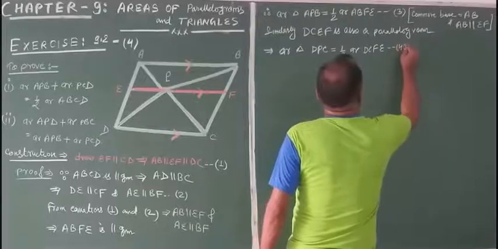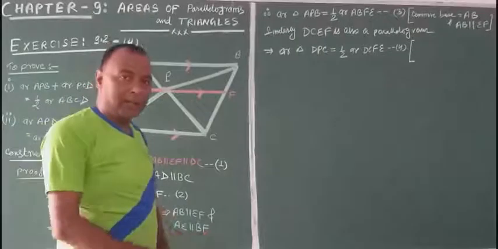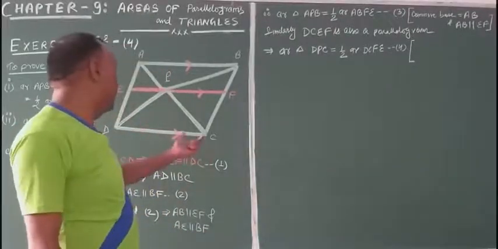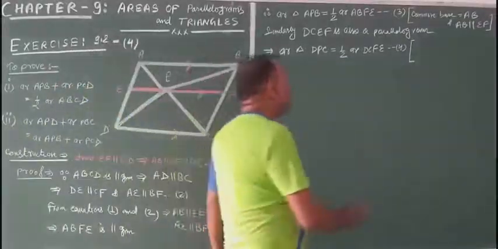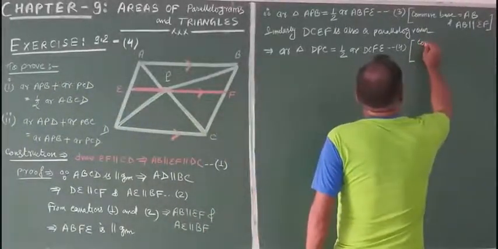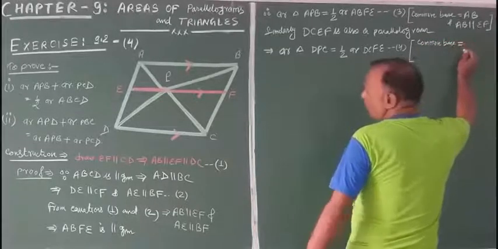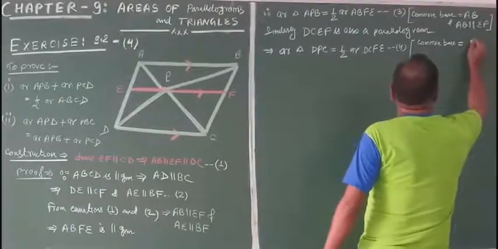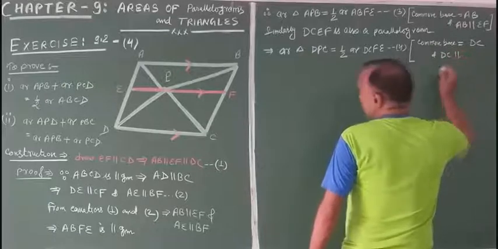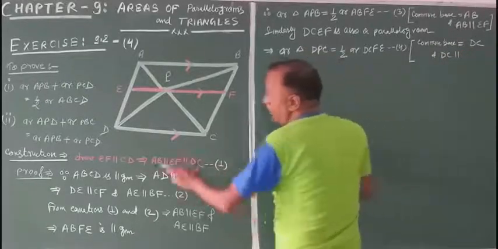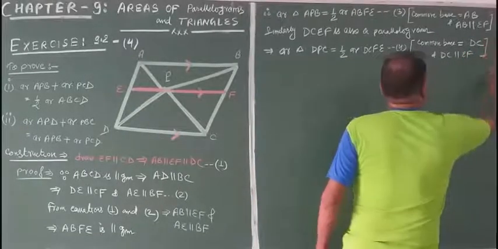This is equation number 4. And the same reason is there: the parallelogram and triangle are on the same base CD, and the parallels are DC and EF. The common base is DC, and DC is parallel to EF.